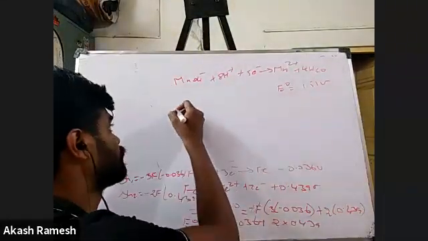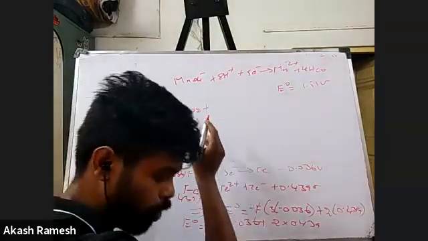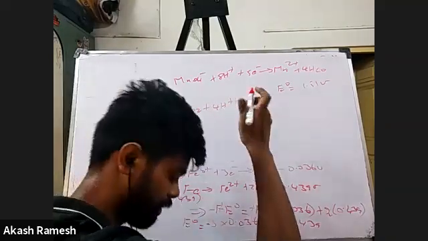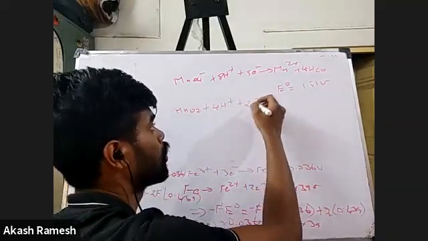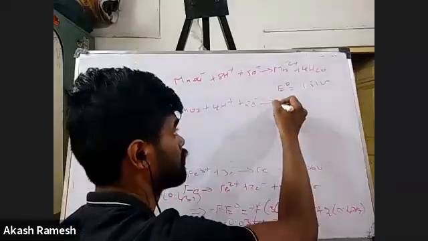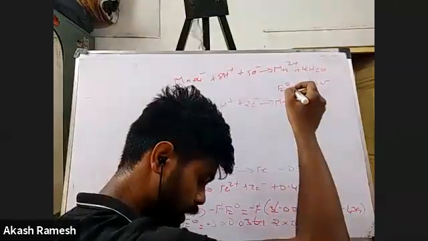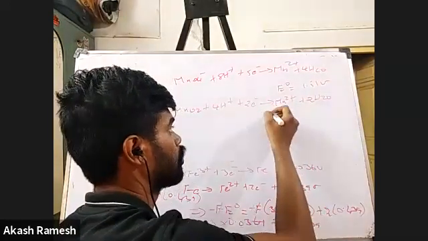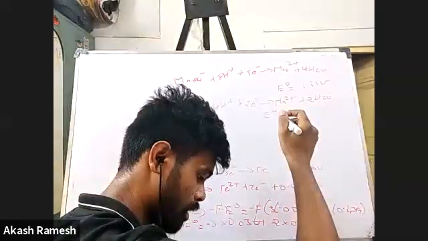And I have MnO2 plus 4H plus 2 electrons gives Mn2 plus 2H2O.